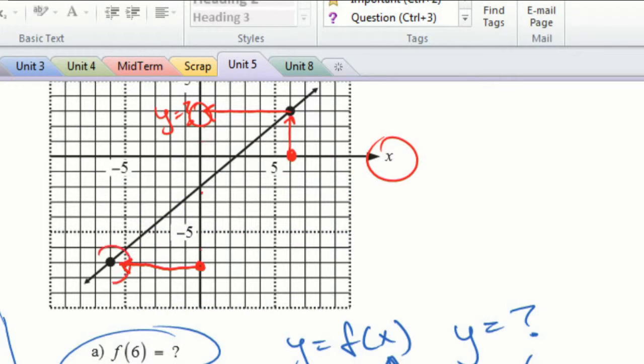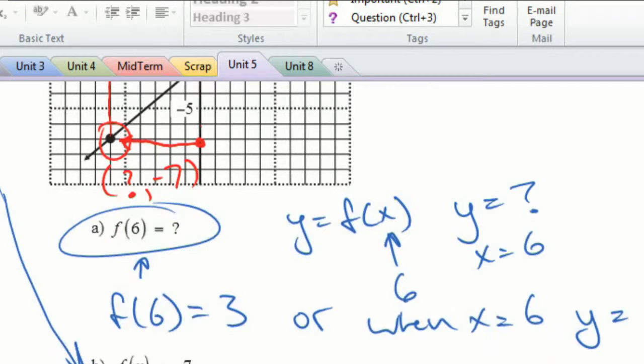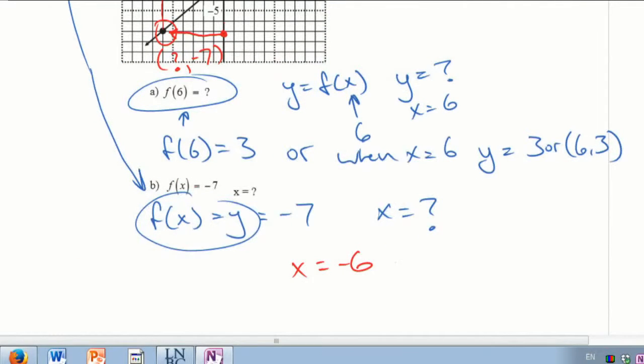So I'm looking at this point because that's the equation that I'm dealing with. When y is negative 7, what does the x value equal? If I take this back up to my x-axis, that's negative 6. So I can say x is equal to negative 6.